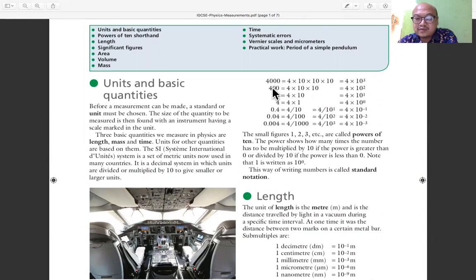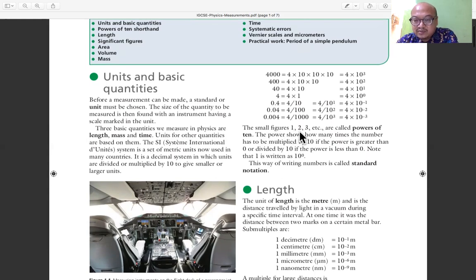Then 400 is 4 times 10 power 2. And 0.04 is the same as 4 times 10 power minus 2, because it is 4 divided by 100.